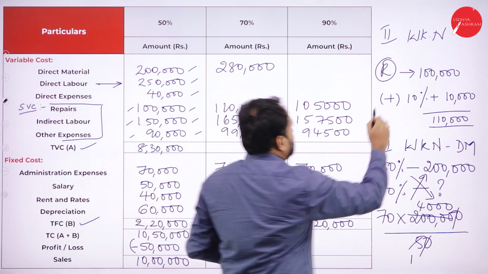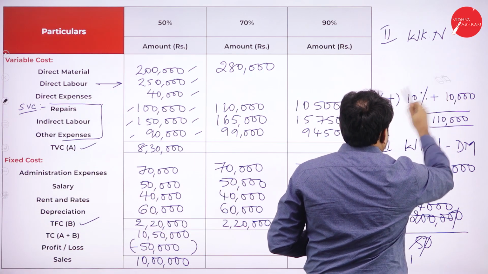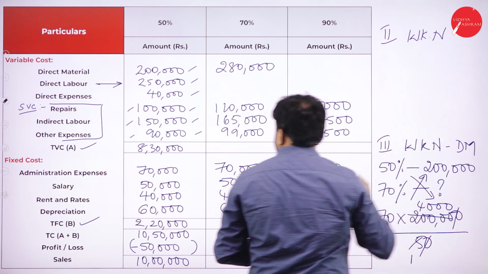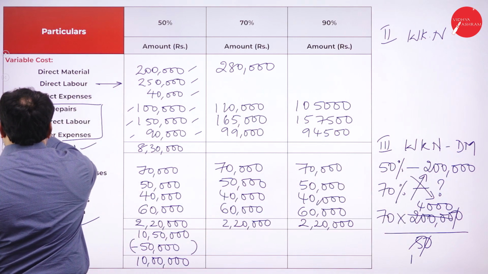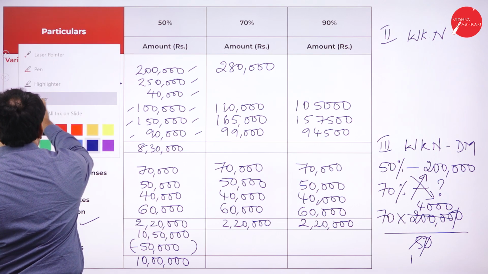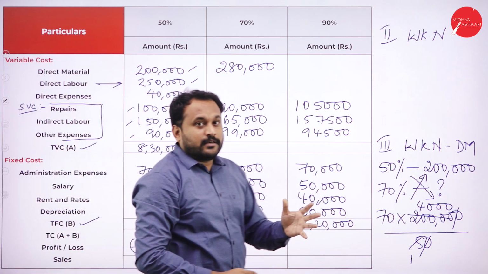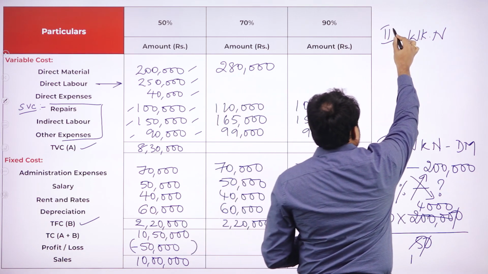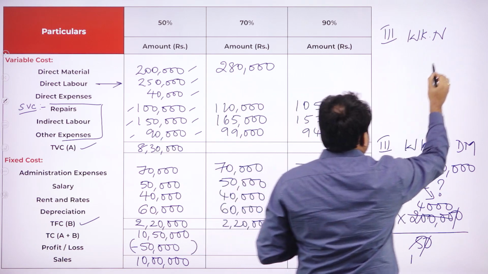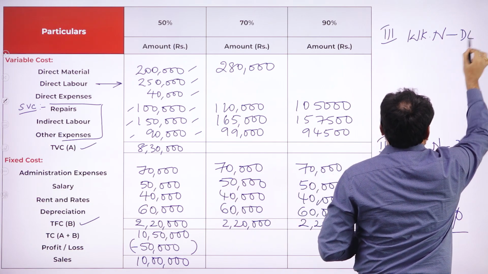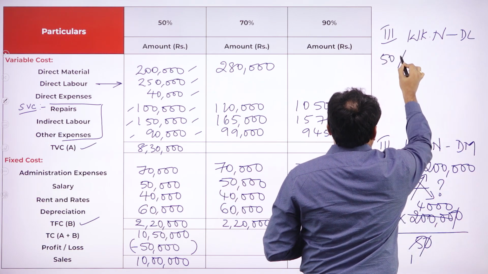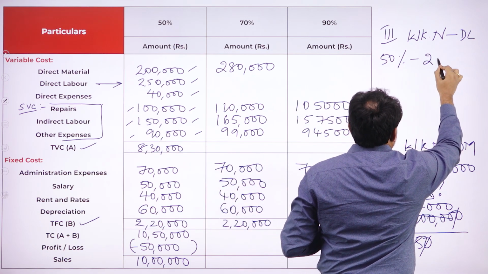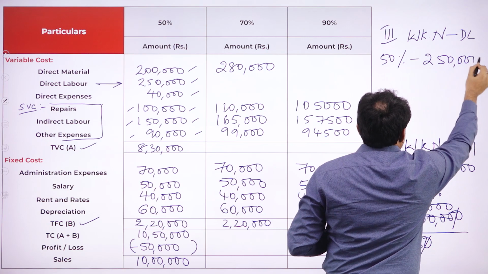We'll go with this. We'll check the next working note, and I will be giving you the homework for today, the third working note, and it is for direct labor. Direct labor for 50%, it is 2,50,000.